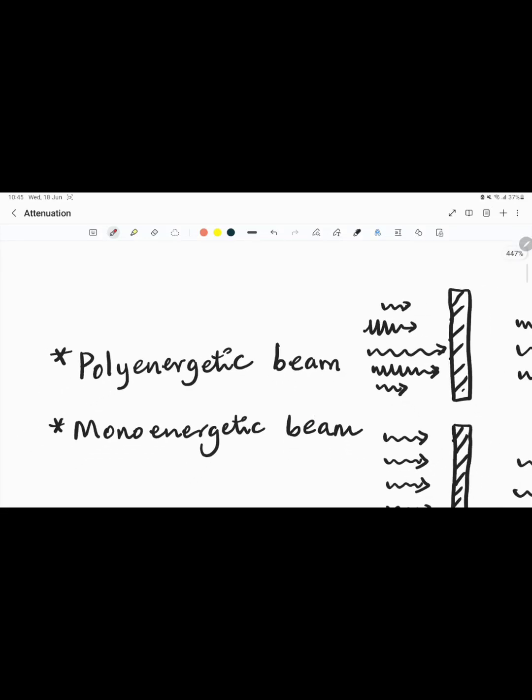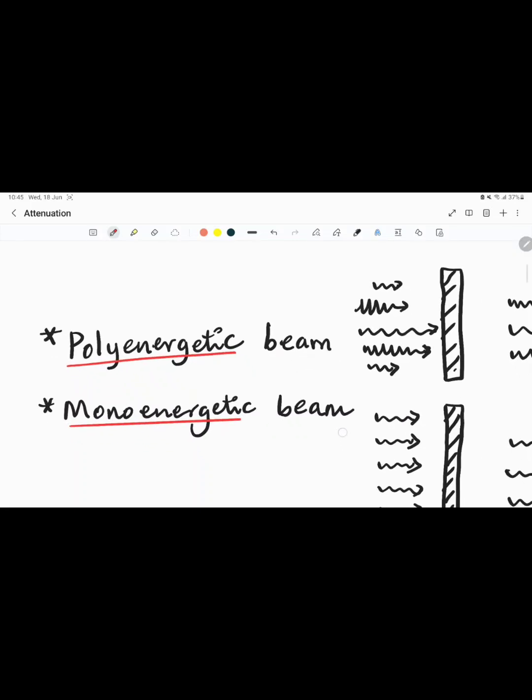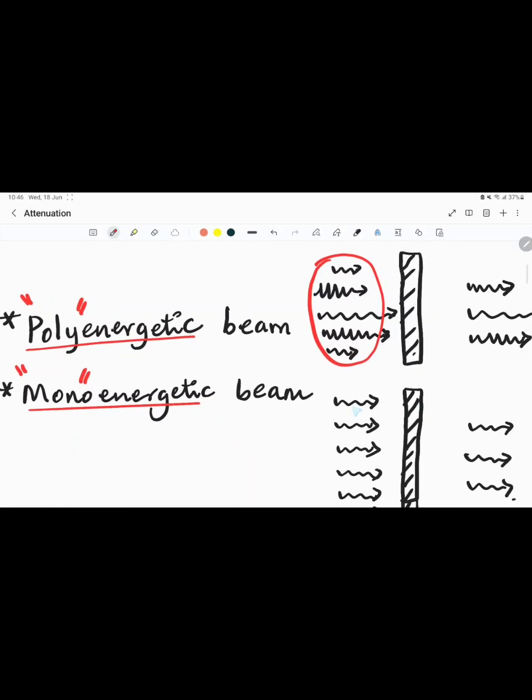The other concept we have to know before solving the questions is a polyenergetic beam and a monoenergetic beam. As the term suggests, polyenergetic means there are different kinds of energies in the beam: there are low energies, there are high energies. Monoenergetic beam means all of the photons have the same energy.